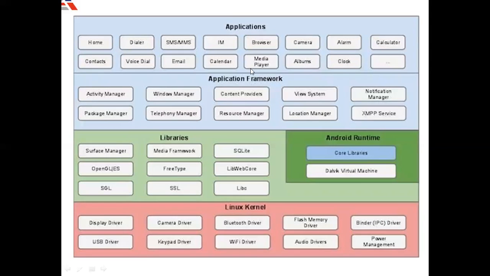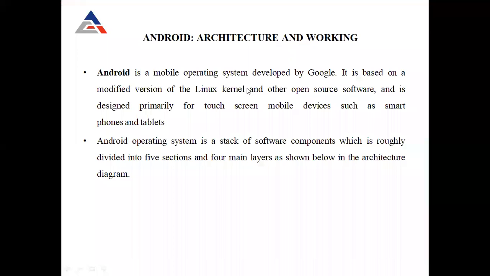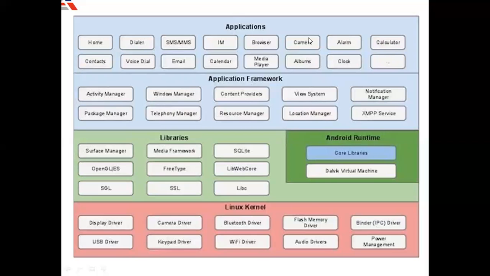And these 4 layers are divided into 5 sections. So here are the 5 sections: one is home, dialer, SMS, then application framework, then library, the next section is Android runtime, and Linux kernel. So these are the 5 sections in 4 layers. So this is the architecture of the Android.